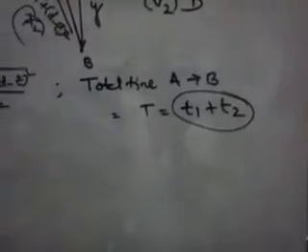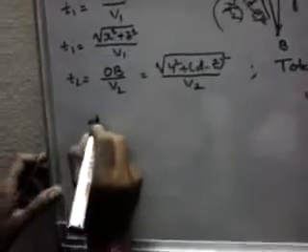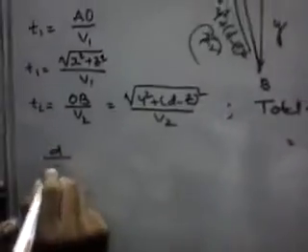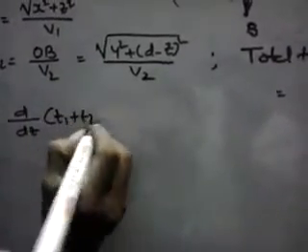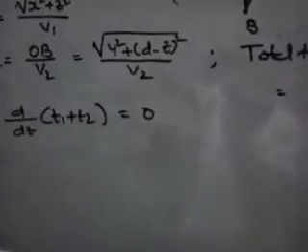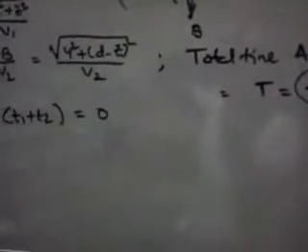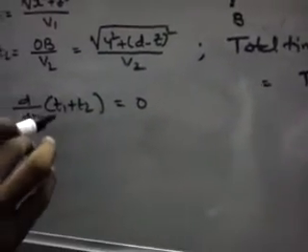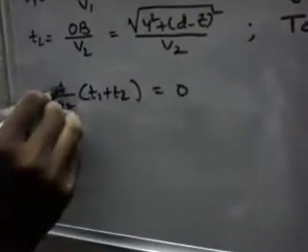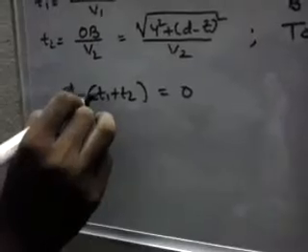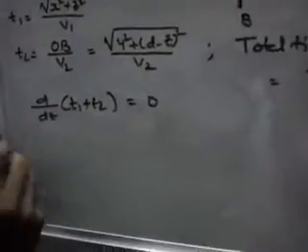Now we are going to apply some calculus to it. The derivative with respect to z of T1 plus T2 should be minimized, that is, equal to 0. So we are applying the derivative d by dz to T1 plus T2 equals 0.